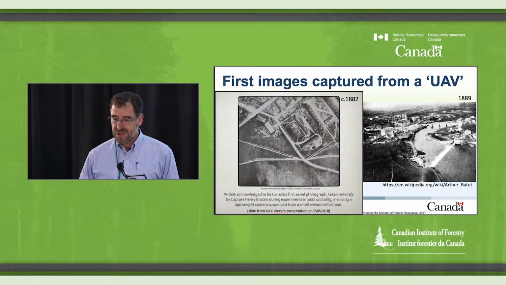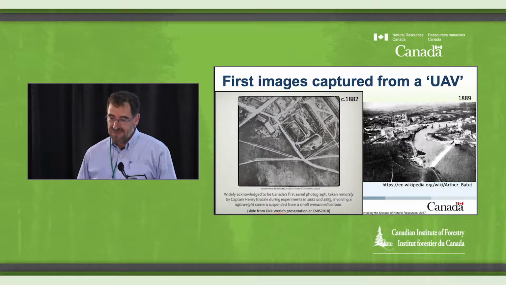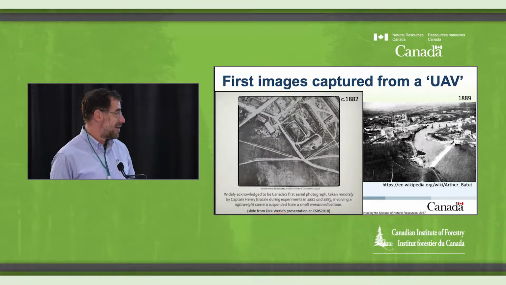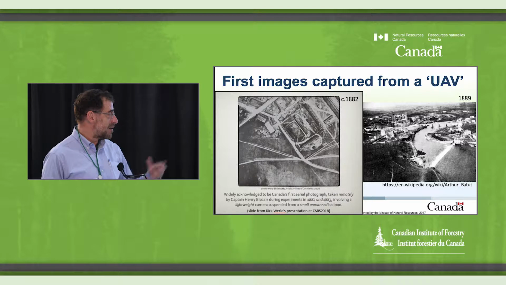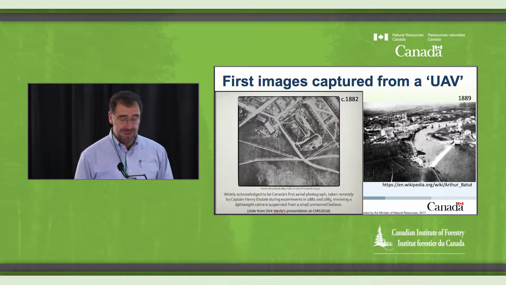Now some history. I used to say that this image was the first aerial photo taken from an unmanned platform. It was taken from a kite that had a camera, in 1889, by Arthur Batut, a French photographer.